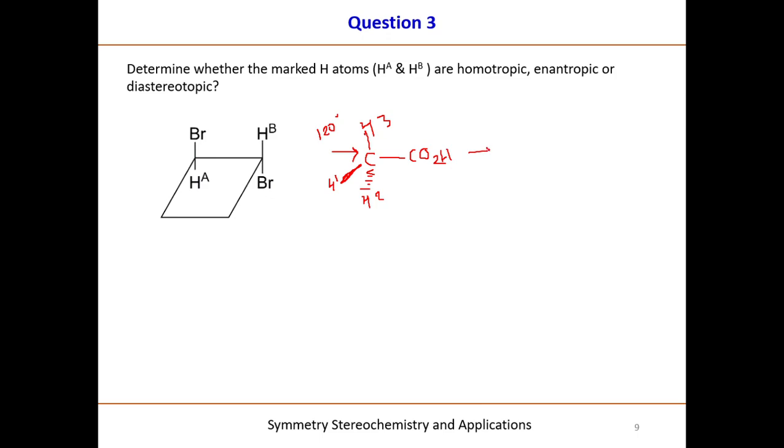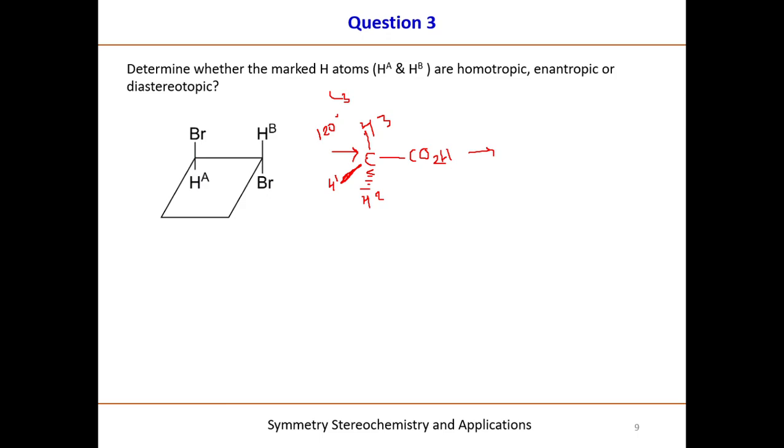That means here a C3 axis is present and the molecule remains the same. The positions of H1, H2, H3 are interchanged by one another, but we are not getting a change in the molecule. That means H1, H2, H3 are homotopic and they are related by C3 symmetry.